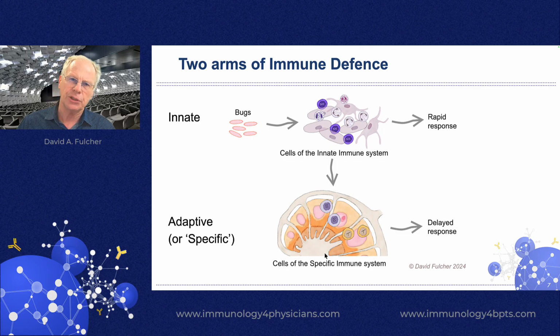So to protect ourselves from pathogens, we have 2 layers of immune defense, which have their own respective sciences, which are fascinating in themselves. Traditionally, we learnt about the adaptive immune response or the specific immune response involving B or T cells, but more recently we've come to recognize the fundamental importance of cells of the innate immune system.